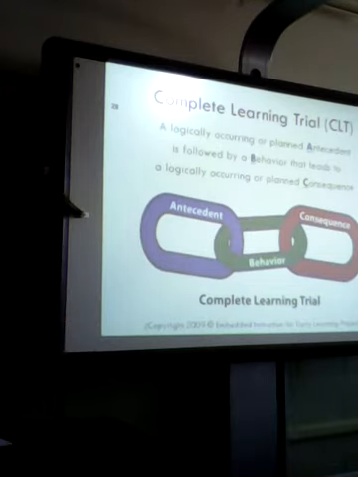So I think it's about thinking differently about instruction and ensuring that we have all of those. A complete learning trial can occur in a logically occurring or planned way. So it can be part of what's just already going on in the environment, or you can specifically plan it.